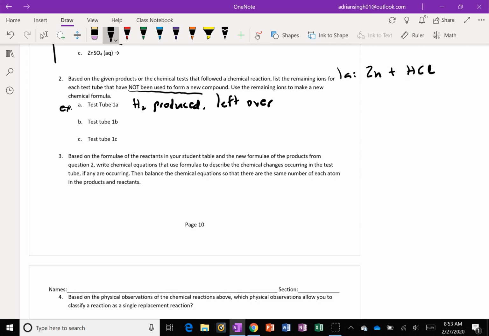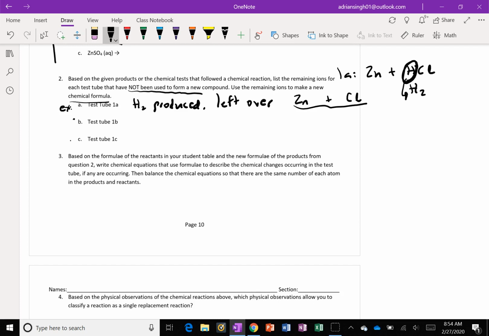So what was produced here was hydrogen, which was this part of it, so that became H2. So what we're left over now is the zinc, and then we also get our Cl. So your task would be to use these and combine them to make a new chemical formula.